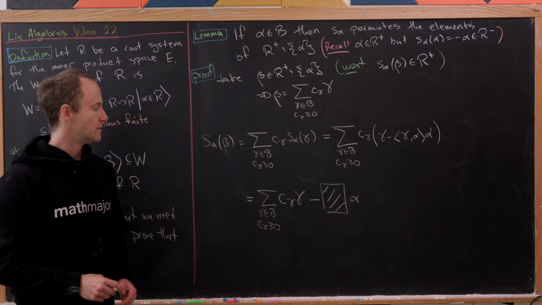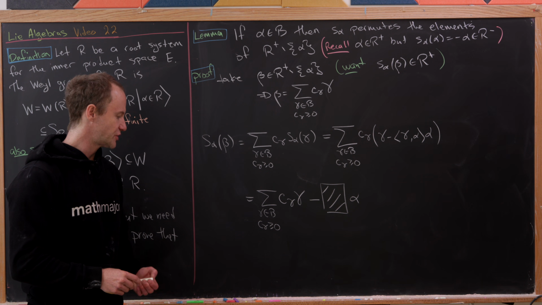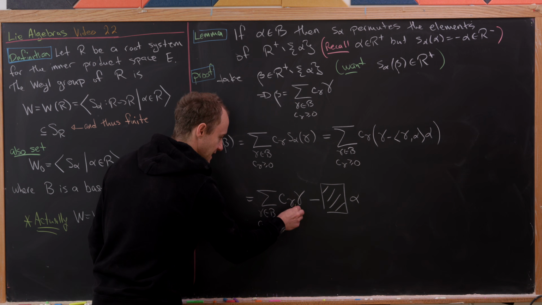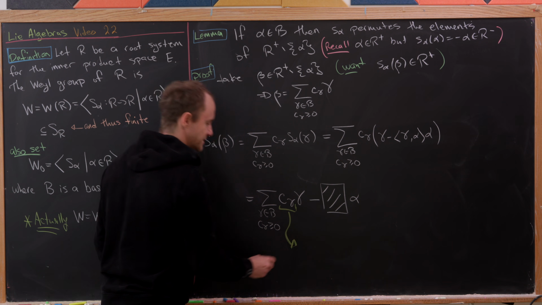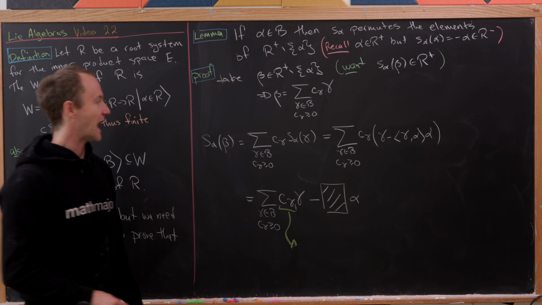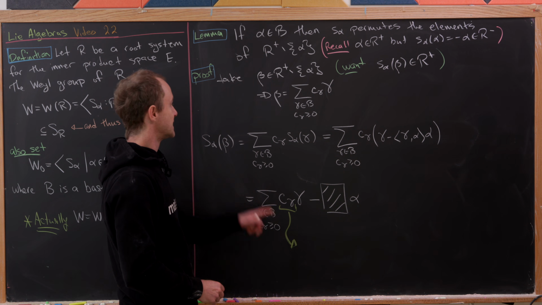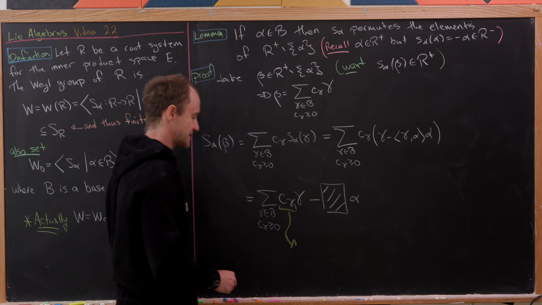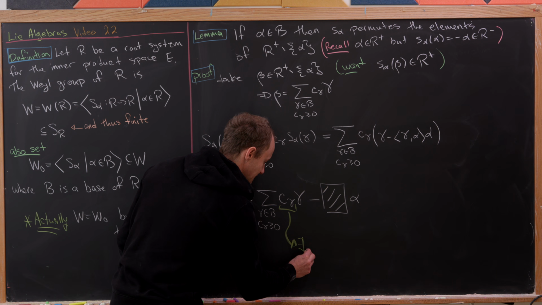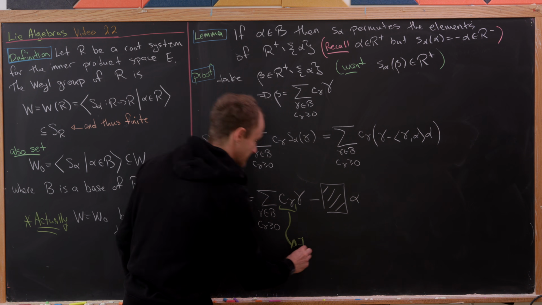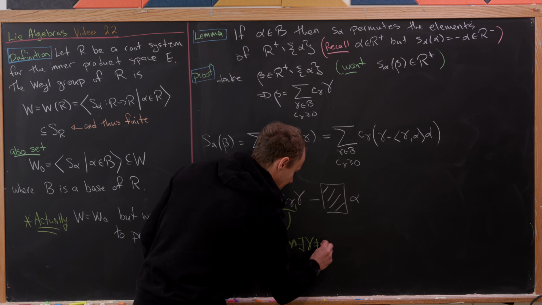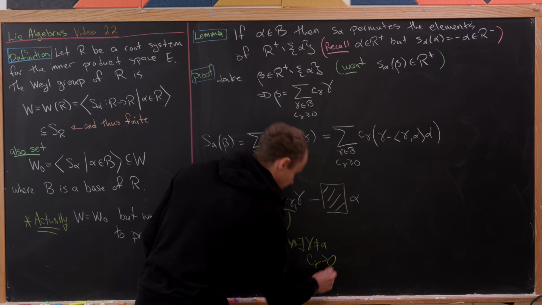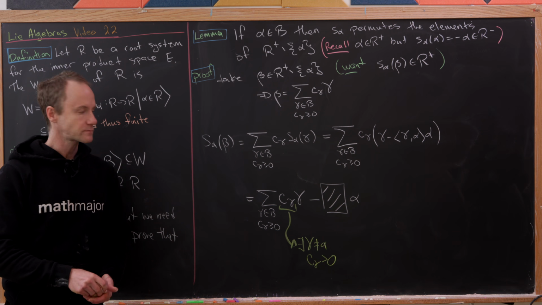Okay, but now I'd like to observe that this number right here is always bigger than or equal to 0. And in fact, since beta is not equal to alpha by this condition right here, that means that there exists some gamma not equal to alpha where C gamma is strictly bigger than 0.